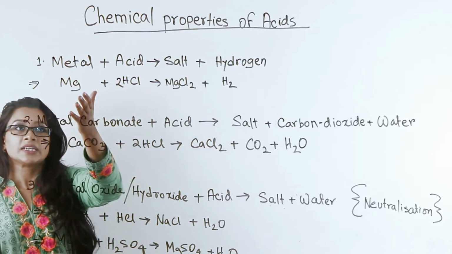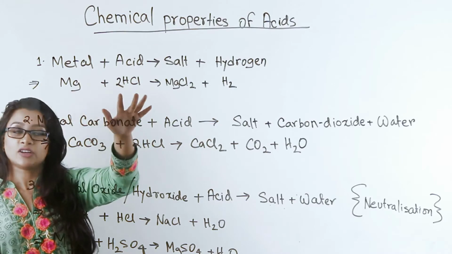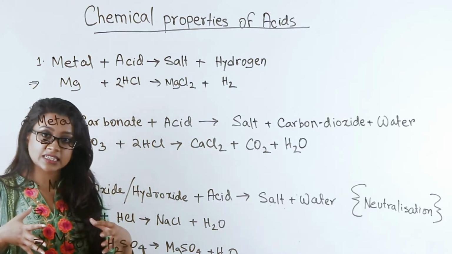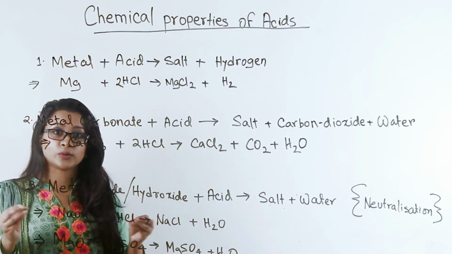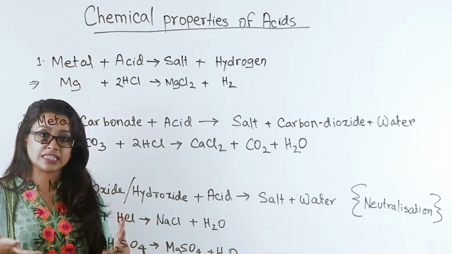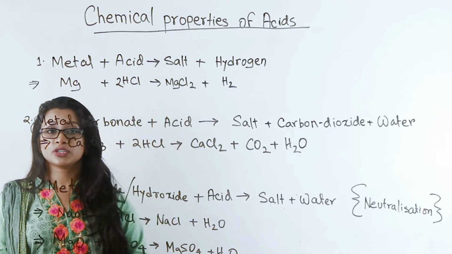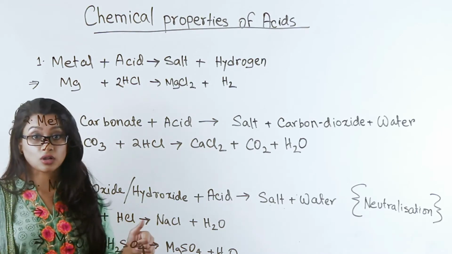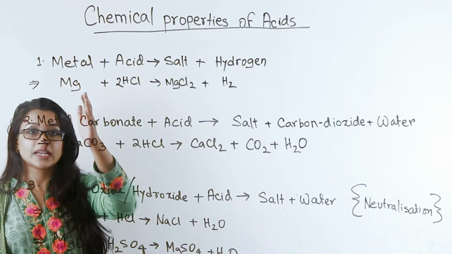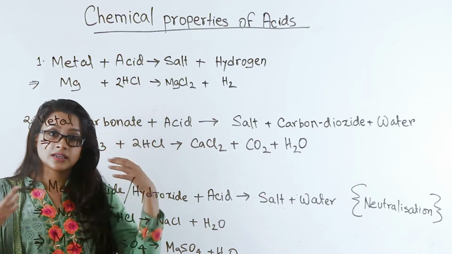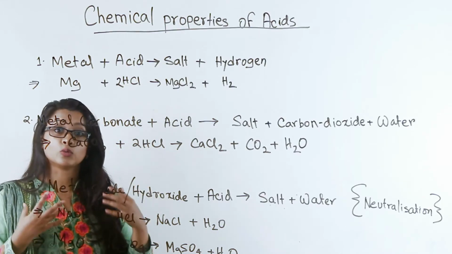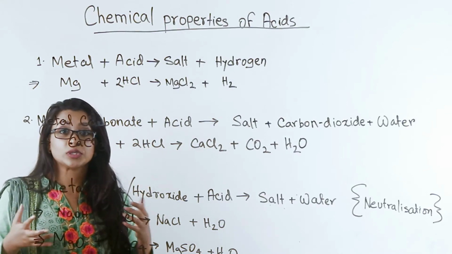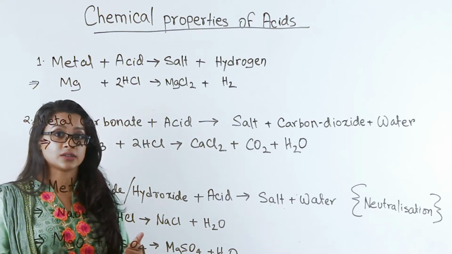you see magnesium and hydrochloric acid react with each other when you put them together in a reaction container, and it's producing magnesium chloride, which is a salt. So metal plus acid is forming a compound which is known as a salt.